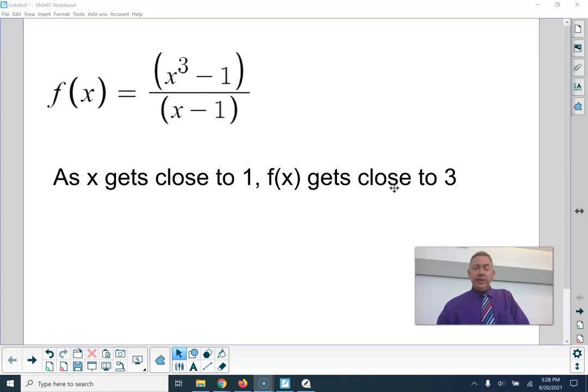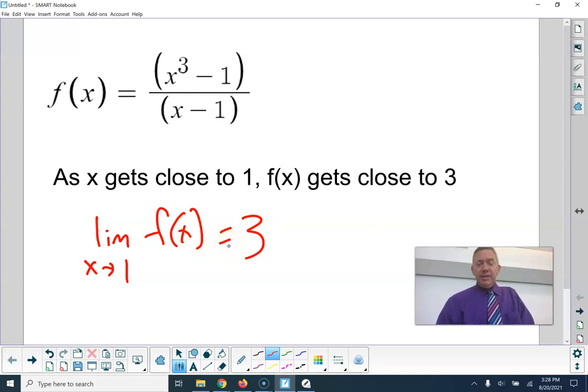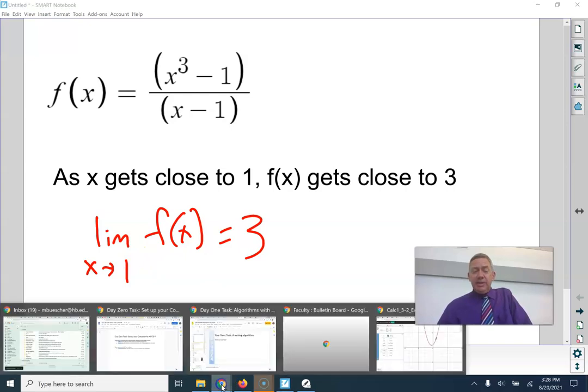The formal way to write this is the limit, abbreviated LIM, as x approaches 1, of the function f of x is equal to 3. That's what the limit is going to look like. But informally, what we want to know is that f of x gets close to 3 when x gets close to 1. That's the idea of a limit.